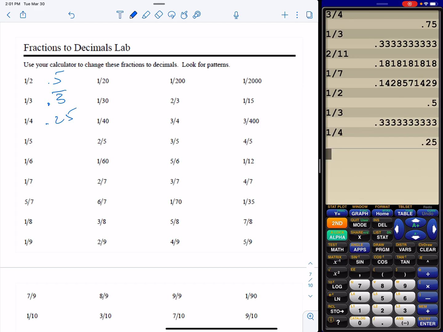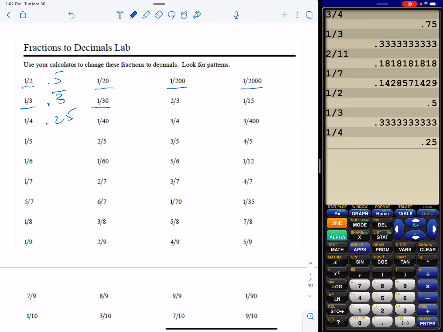But as you're doing this, I want you to look at patterns. If you'll notice in this first one, we got 1/2, but then we got 1/20th, 1/200th, 1/2000th. So what happens when I add a zero to the denominator? I want you to try to tell me what happens with the decimal value. Does it change? Here you've got 1/3 and 1/30th.